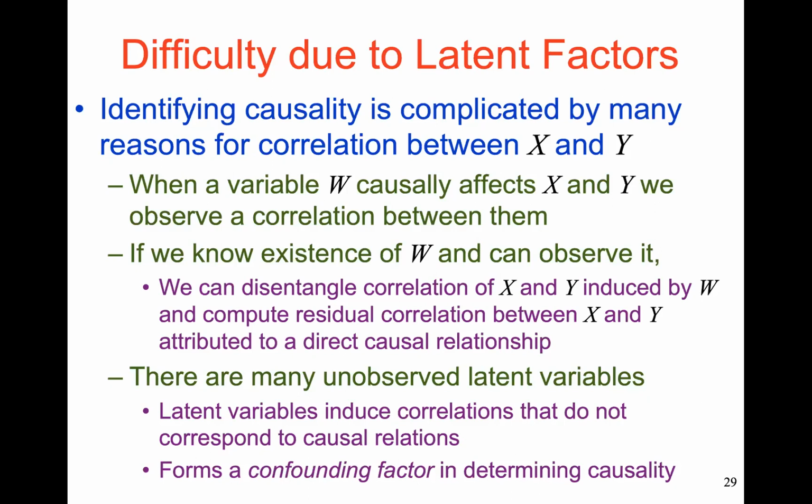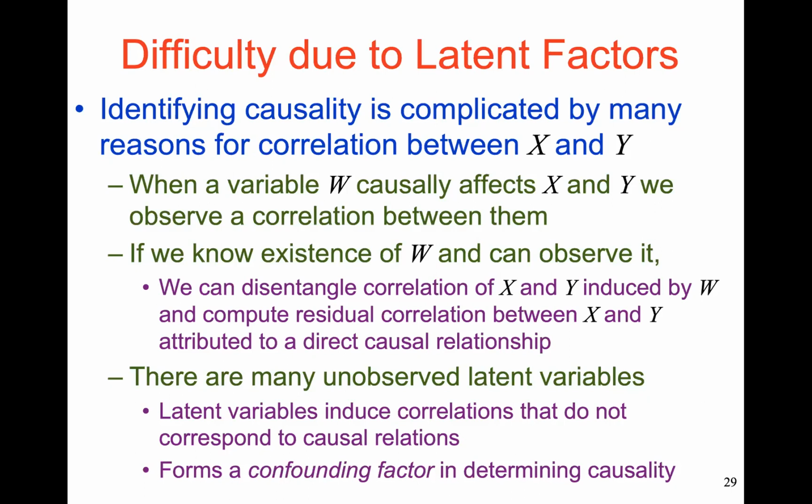So if we happen to know that, like in the case of summer, whether it's summer or not, we can observe it, we can disentangle the correlation of X and Y induced by W and compute the residual correlation between X and Y attributed to a direct causal relationship. So we can somehow factor that out.